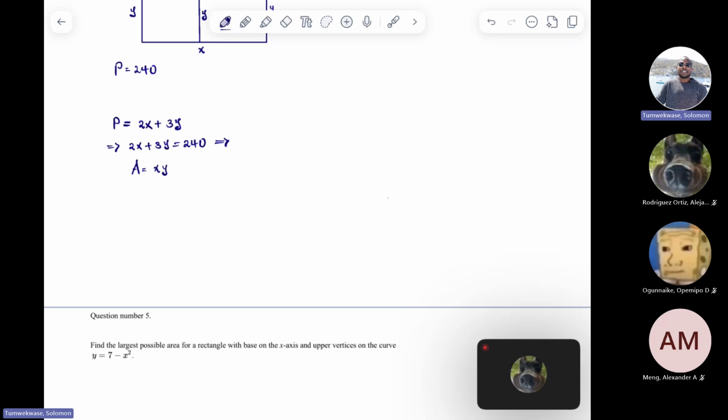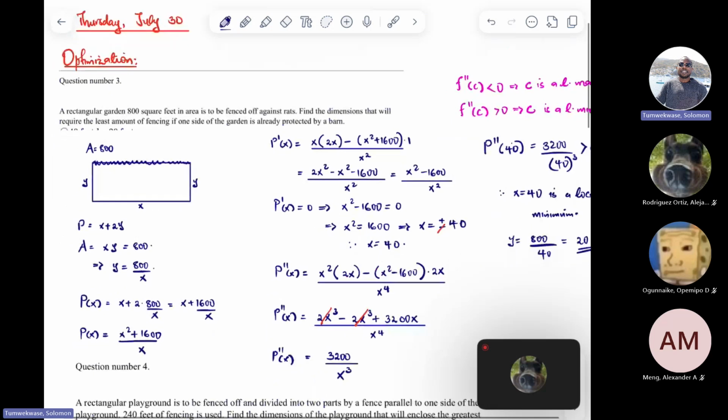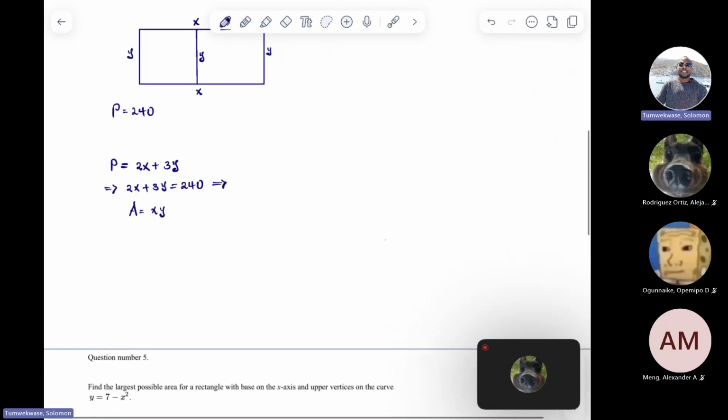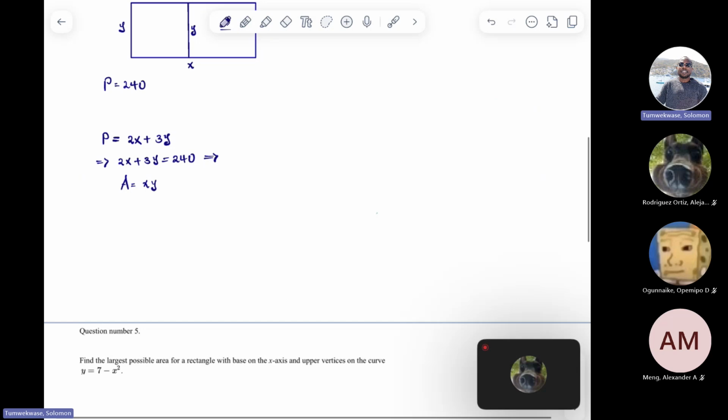I can substitute maybe for x. Let me show you that it's not always substituting for y. So from here 2x is equal to 240 minus 3y, and therefore my x is 240 minus 3y over 2.